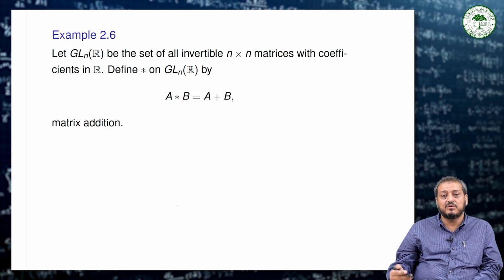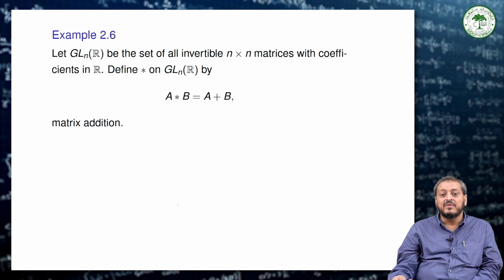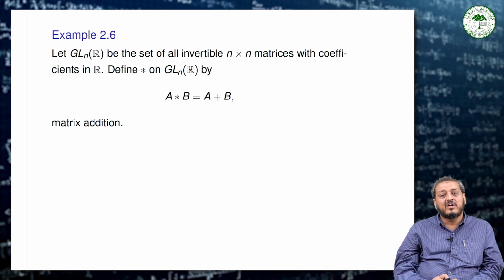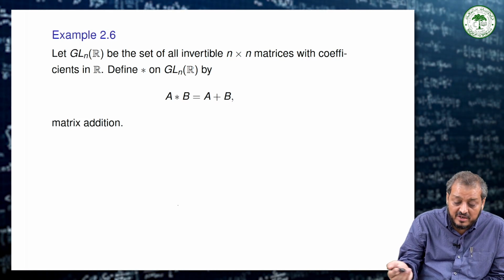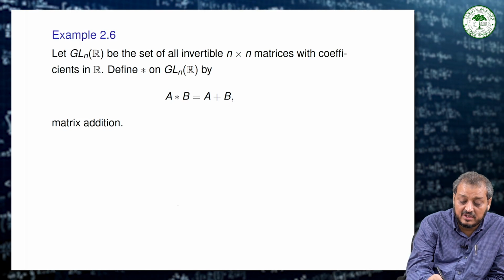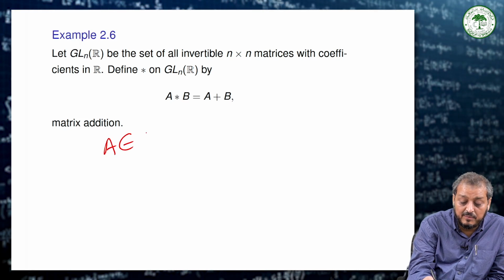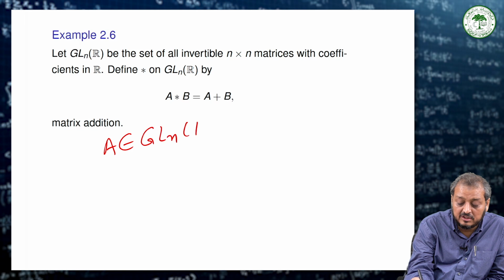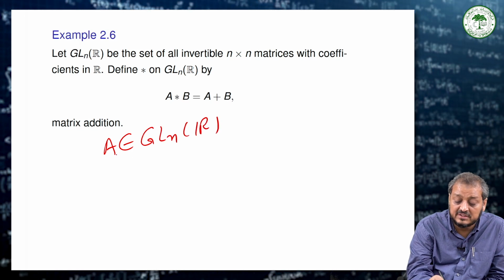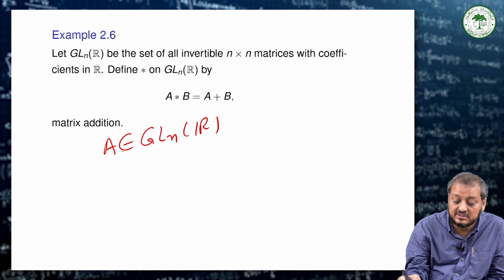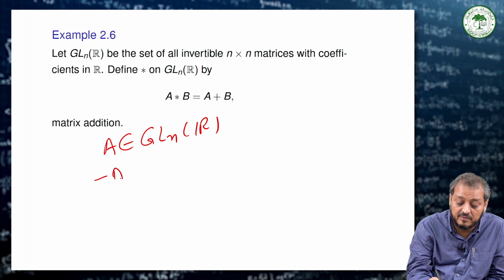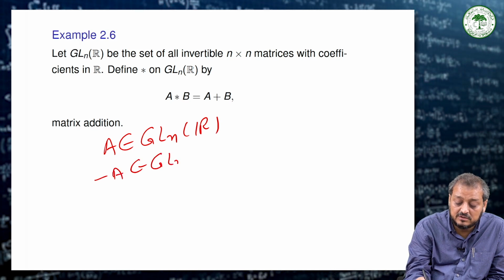If A is an element of GL_n(R), meaning A is an invertible matrix, then clearly we can say that minus A also belongs to GL_n(R).